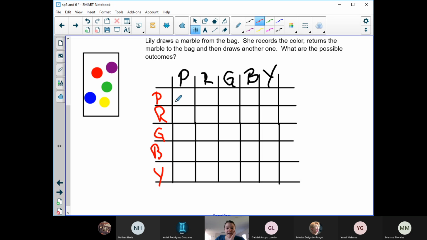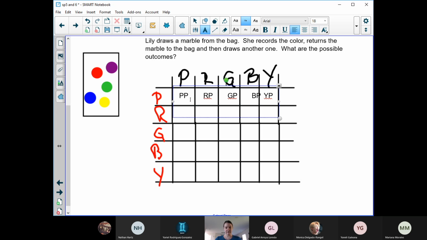Now all we would do is fill in the chart. So we know she could get purple, purple. She could get purple, red, purple, green. Whenever you do arrays, you start with the letter that is on the one across the top. Blue, purple, yellow, purple. Red, red.